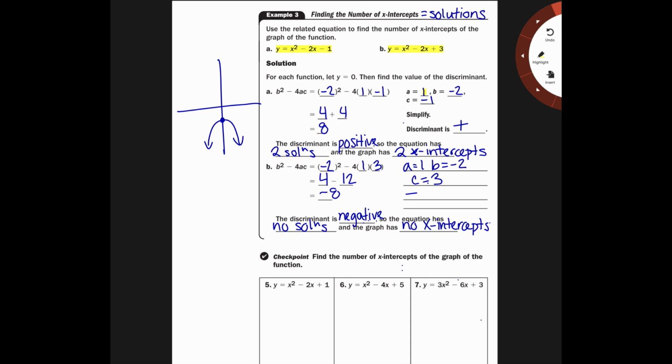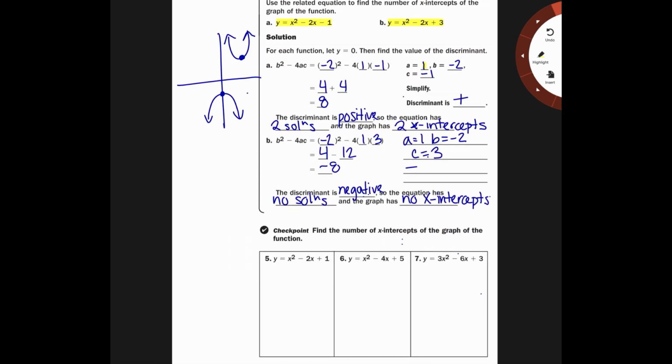It's never going to go up and cross. Likewise, it could also be a parabola that goes up and just has its vertex above the x-axis. That's very valid. It's allowed to do that. So just know that just because it doesn't have any solutions and it doesn't have any x-intercepts doesn't mean we can't graph it. We can still graph it.